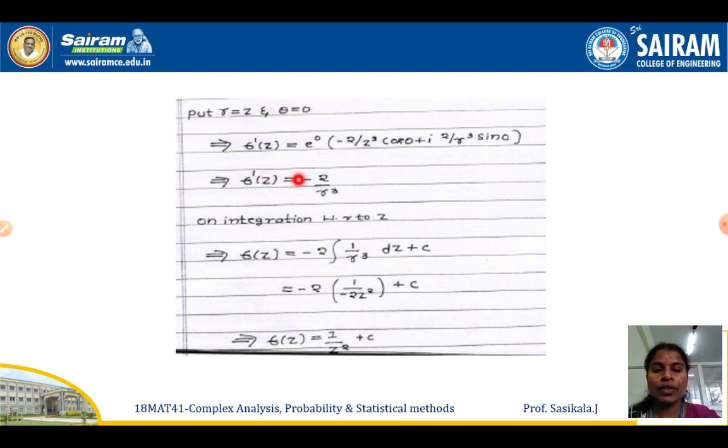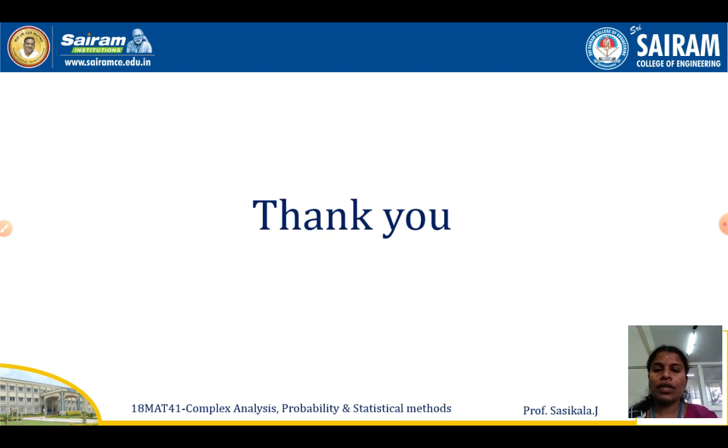I get f′(z) = −2/z³ alone. This we can integrate with respect to z. f(z) = −2 times the integral of z^(−3), applying the formula x^(n+1)/(n+1), which gives −1/(2z²) + c. Therefore the answer is f(z) = 1/z² + c. This is how you construct f(z). So that's all. Thank you.